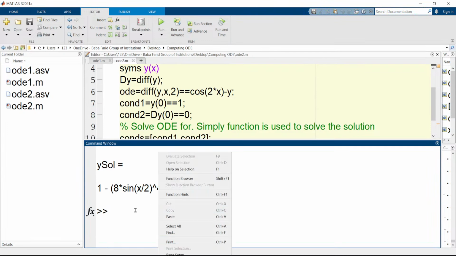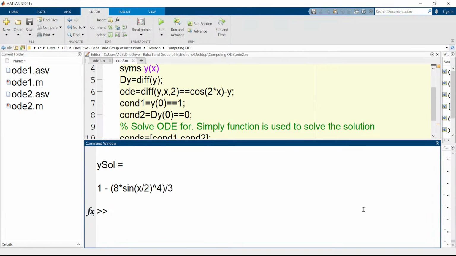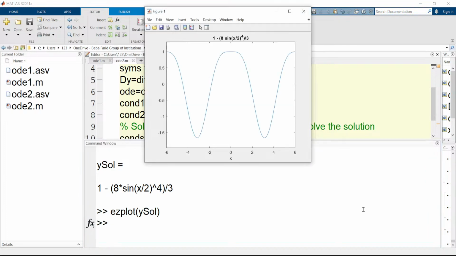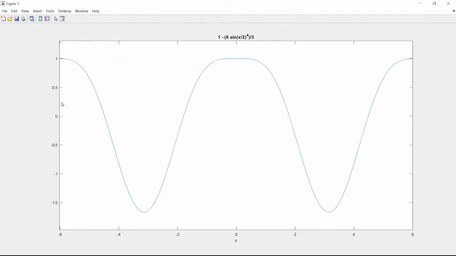Yes, and ezplot y solution and enter. So you can see also you can plot the solution of the differential equation.